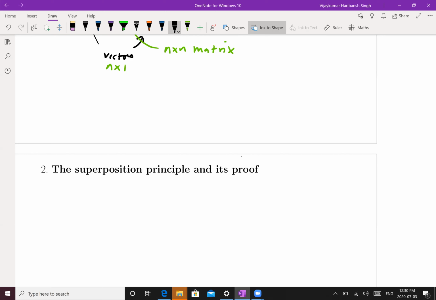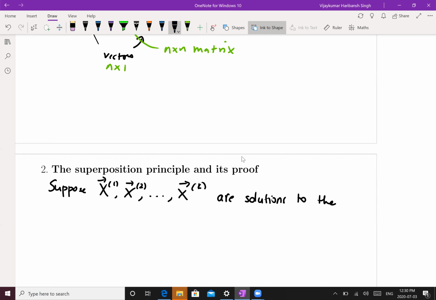So recall, suppose x1, x2, up to xk are solutions to the homogeneous problem x prime equals P of t times x.